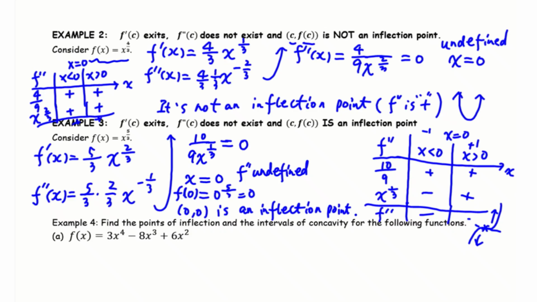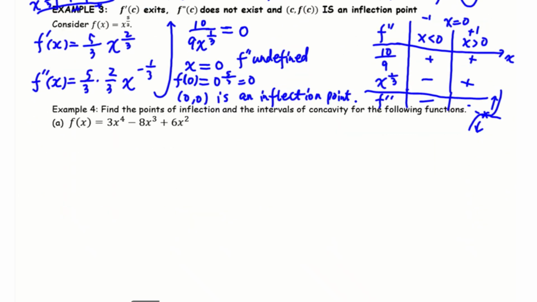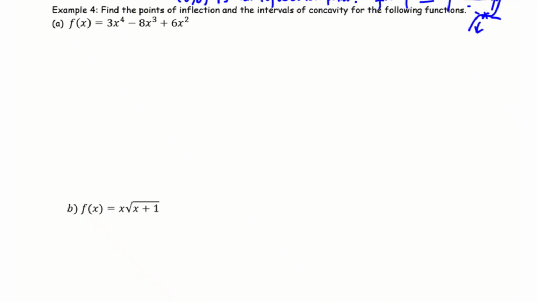Then we are going to practice another one to find all the points of inflection and also the intervals of concavity. So example 4, if we see the point of inflection, we know we are looking for the second derivative. So we find the first derivative first. 3 times 4x to the exponent 3 minus 8 times 3x to the exponent 2 plus 6 times 2x to the exponent 2 minus 1 is 1.